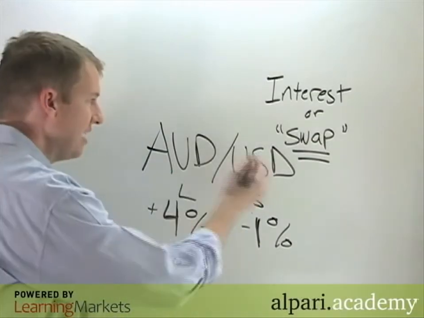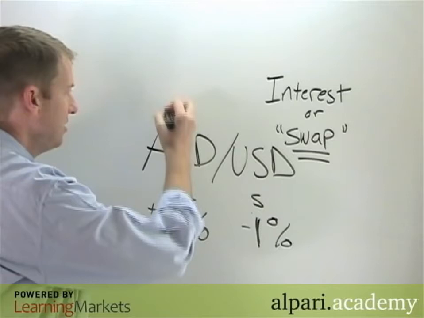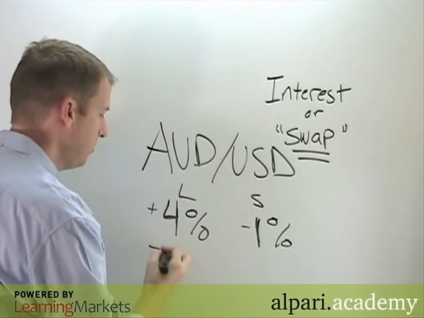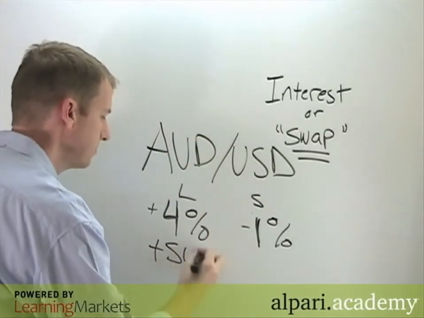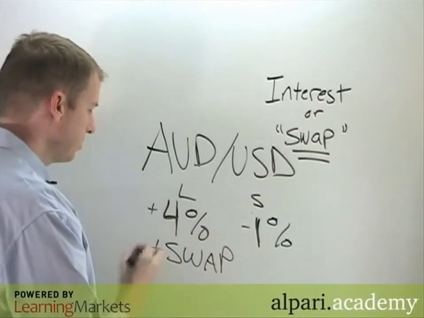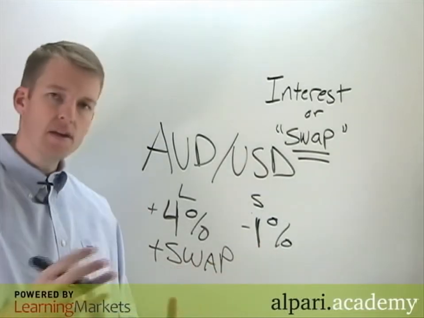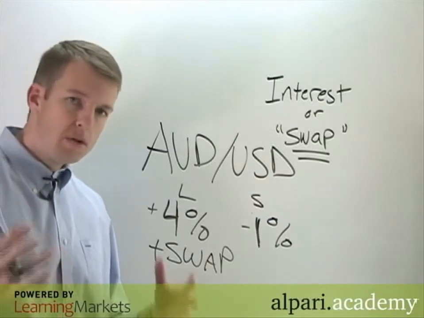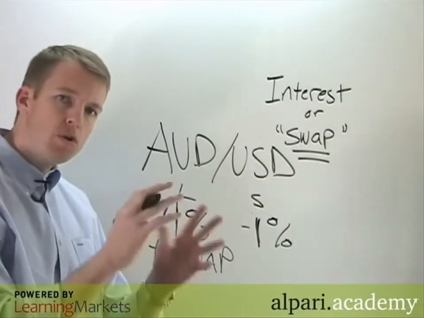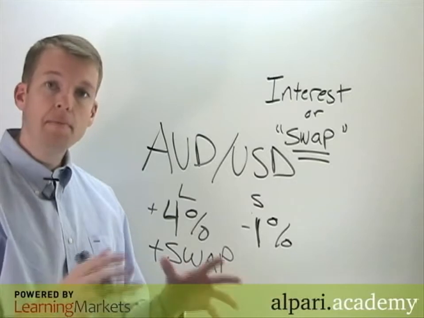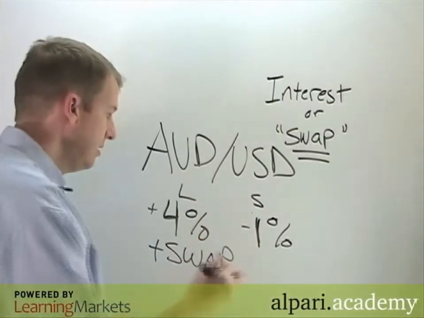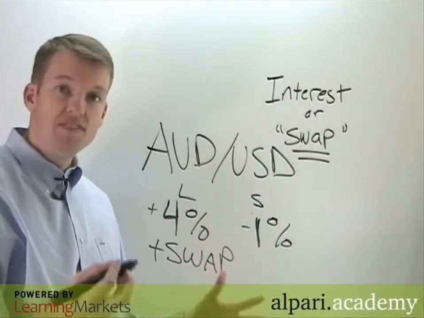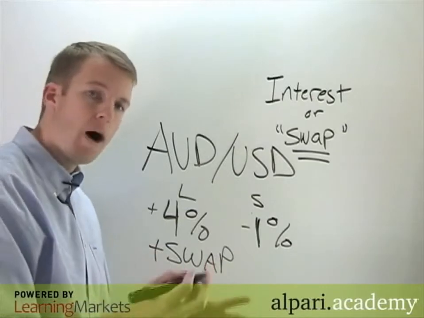If you're long the Aussie dollar exchange rate, then you get paid a small premium, so you get paid swap. Now, in this case, if you're long, I think right now the swap rate is just under 1 pip per lot. So if you owned a full-size lot, you're being paid about $9.50 a day in swap.